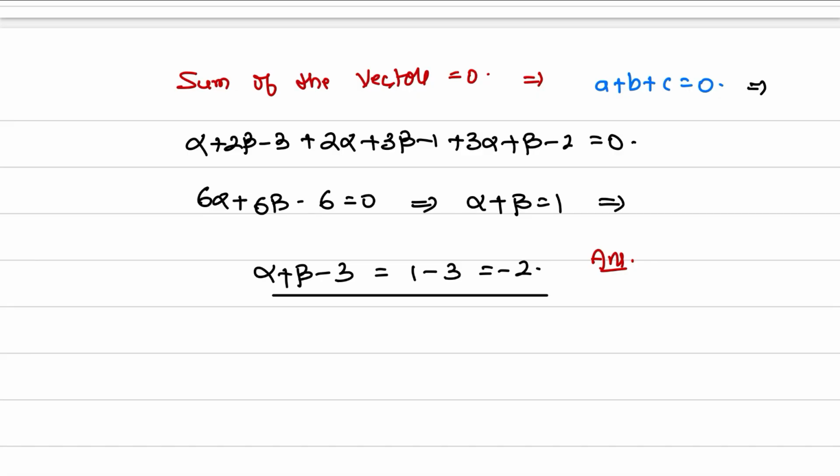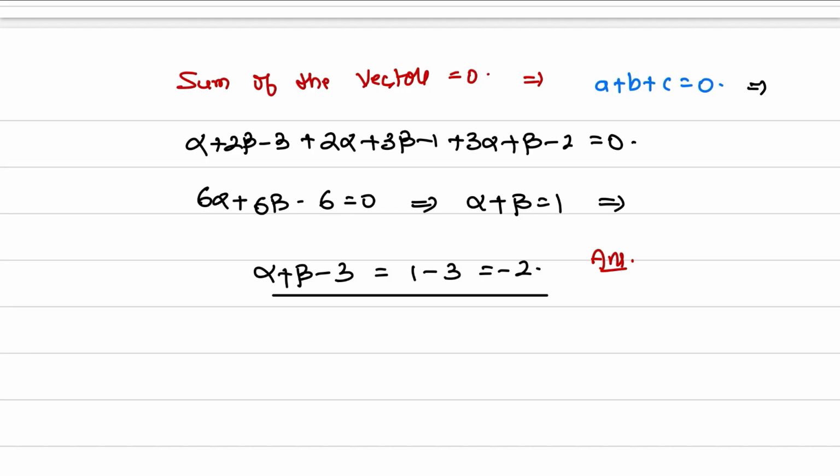That is a property of the vectors being in the same plane. Three-dimensional geometry property, plus vectors and determinant properties, are all clubbed in this problem. And when you know those basics, you will be able to get this answer in seconds. Alpha plus beta minus 3 is equal to minus 2, answer.